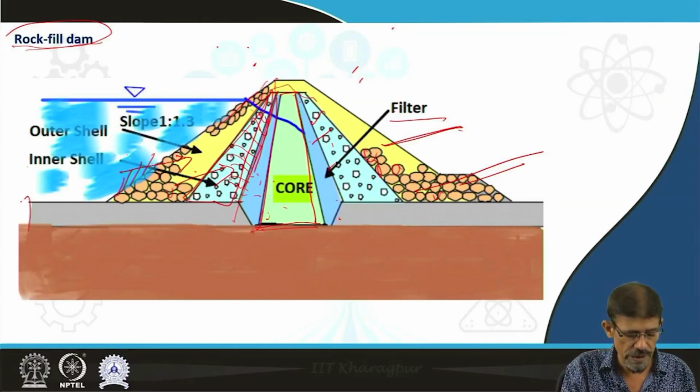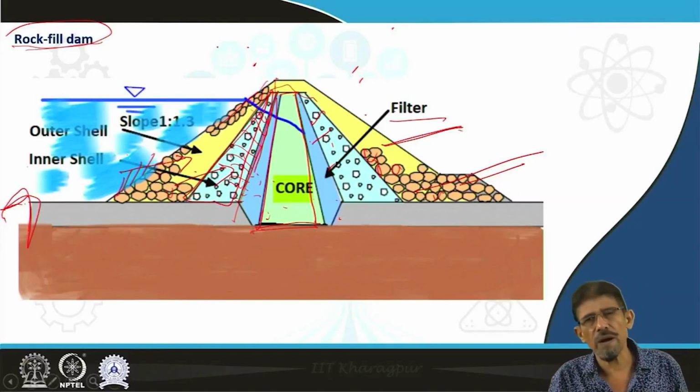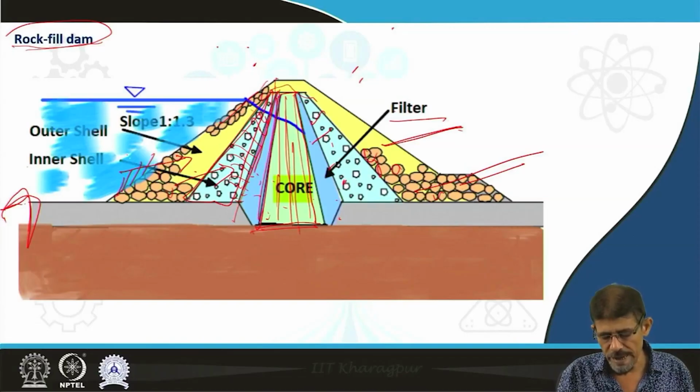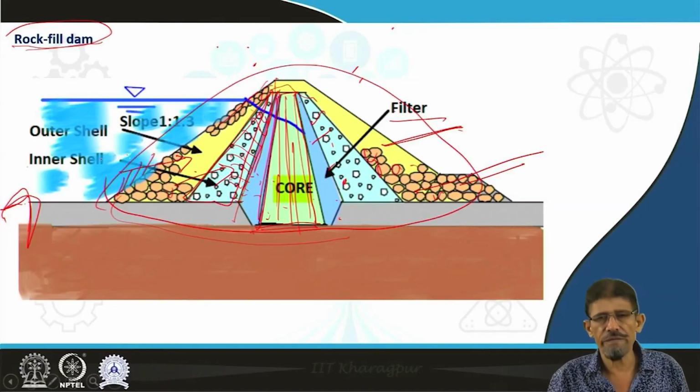You can see the ground is up to here, and we establish this structure slightly below. Then we place one impervious zone, known as the core, then again the inner shell, then the outer shell. In this way we make this composite type of rock fill dam.